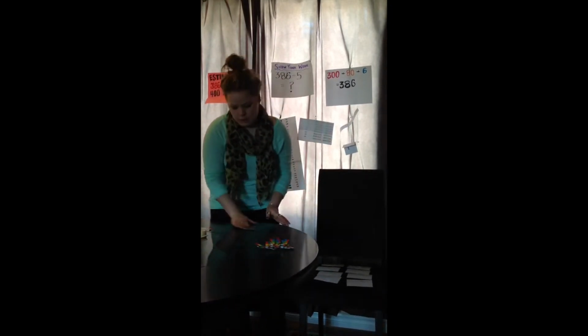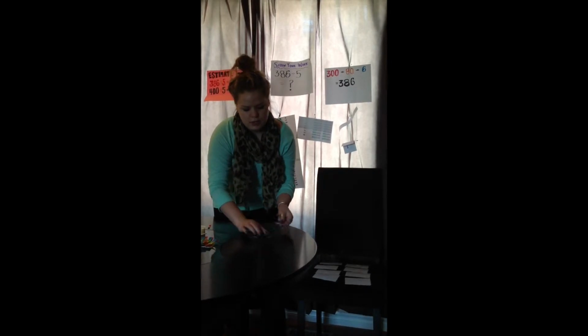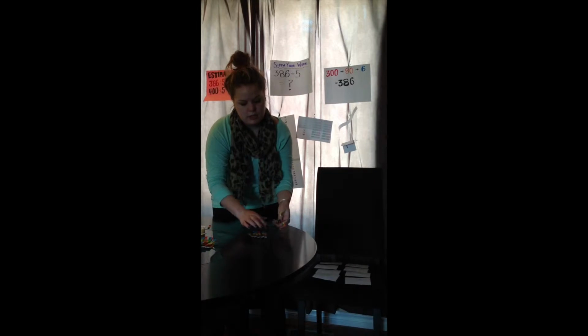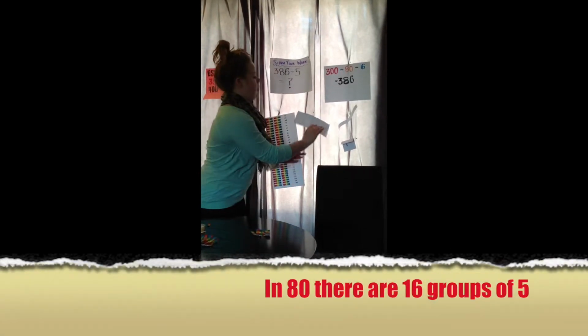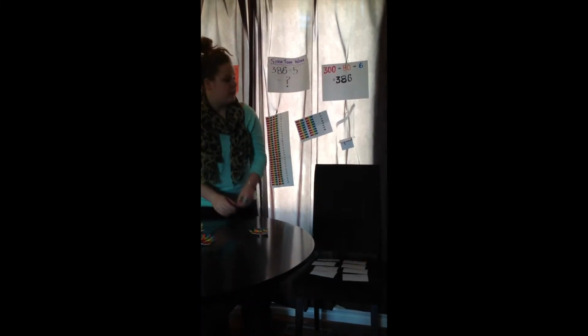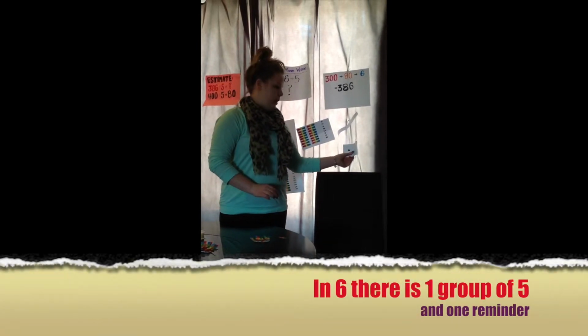You will then do the same thing with 80. 5, 10, 15, 20, 25, 30, 35, 40, 45, 50, 55, 60, 65, 70, 75, 80, leaving you with 16 groups of 5. You then approach the 6. So in 6 there's one group of 5 and then also one remainder.